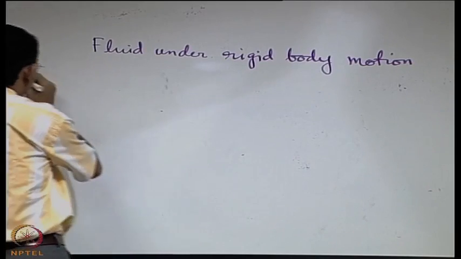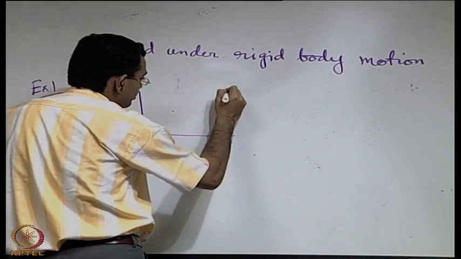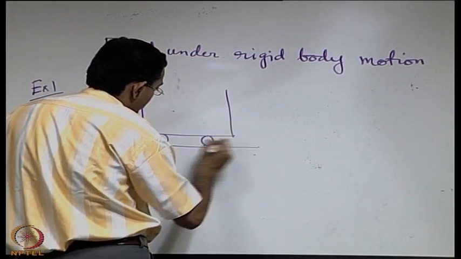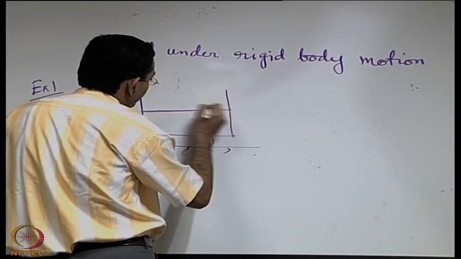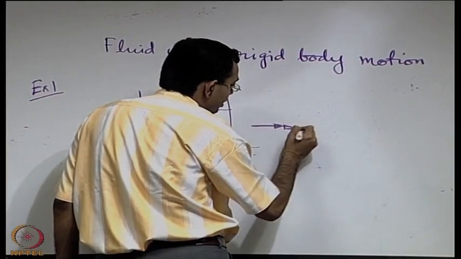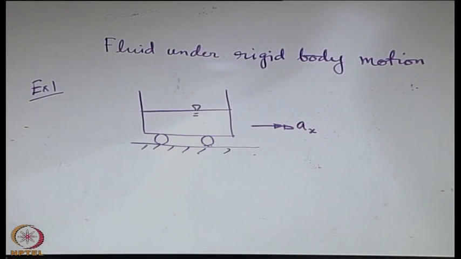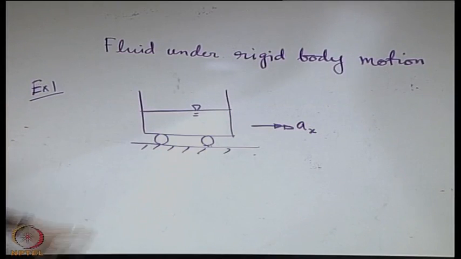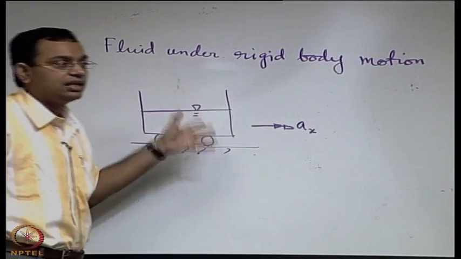Let us say that we have a tank partly filled up with water, and the tank is accelerating towards the right with a fixed acceleration of ax along x, and neglect the deformation of the water that is there in the tank.